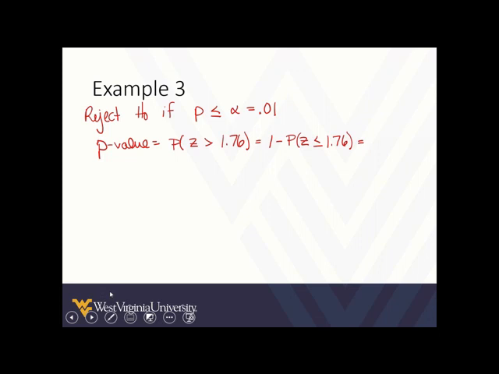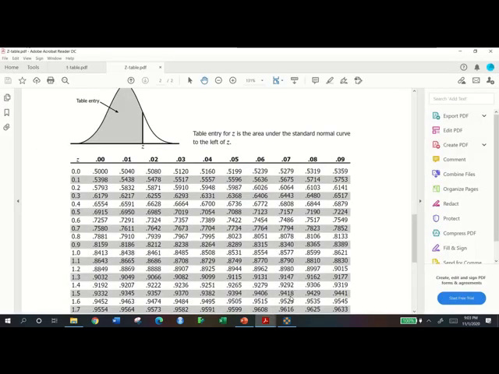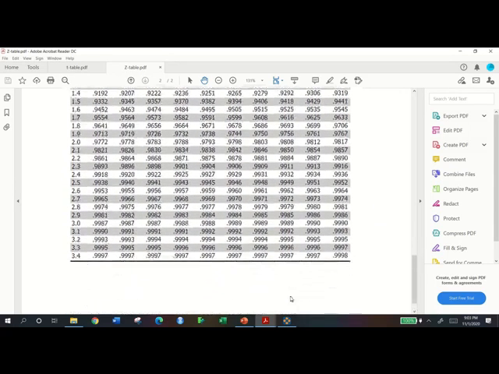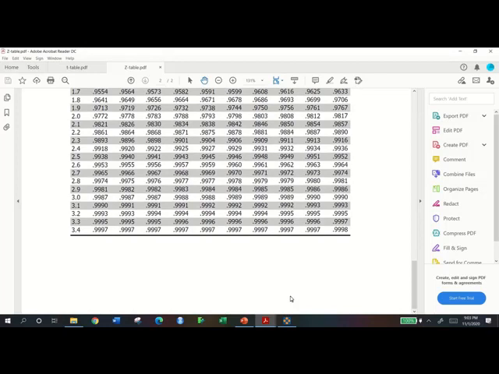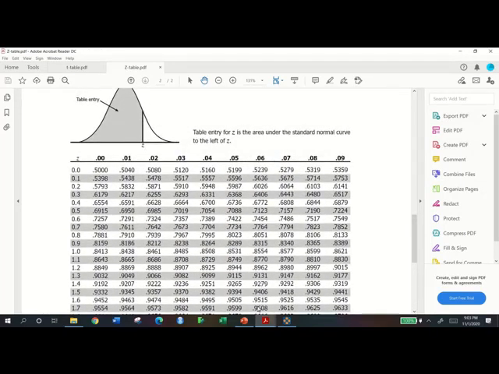So at this point, I'm going to close this out and pull up our z-table. And this is the one-sided test. And we are going to want to find as close as we can to 1.76, which shouldn't be a problem. So 1.76 will give us the probability of z less than 1.76 is 0.9608.